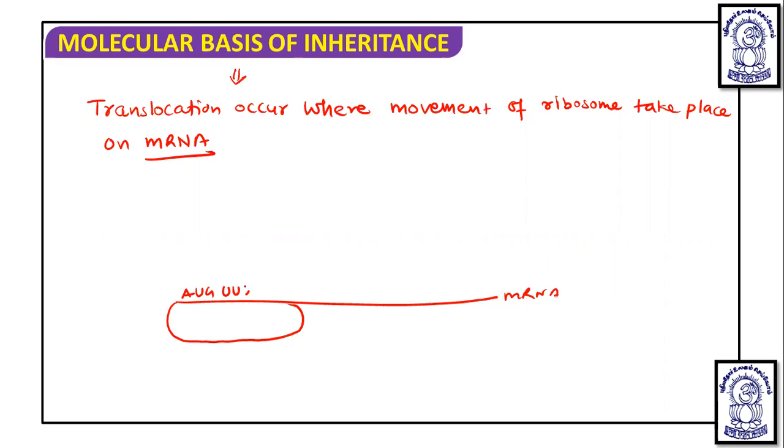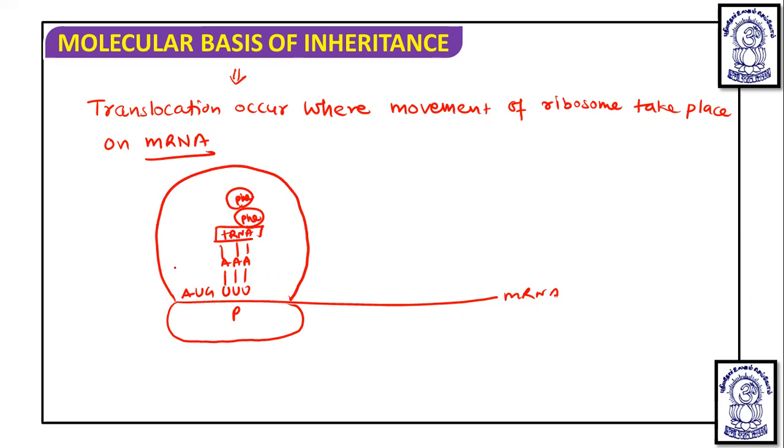At the P site, UUU will come with the AAA anticodon, with its specific tRNA carrying the phenylalanine and methionine peptide. And the A site is now free. The tRNA from the E site is going to exit, and the A site is now free for entering of another amino acid.